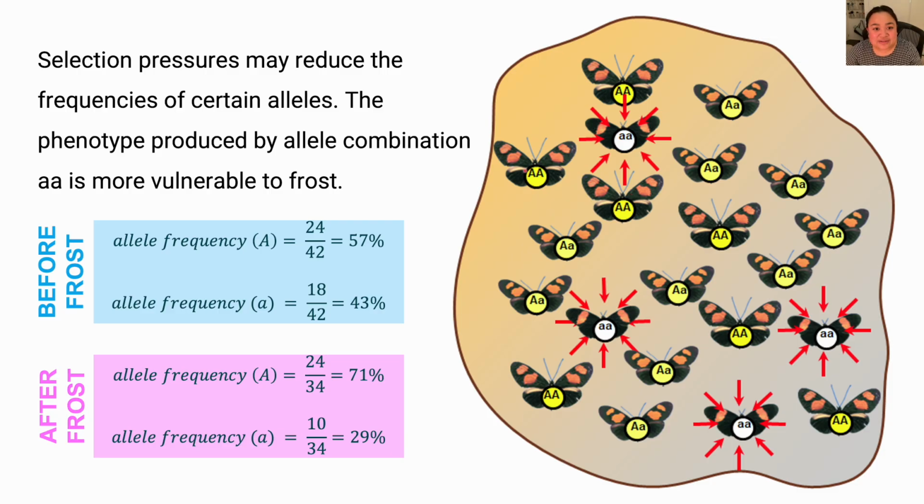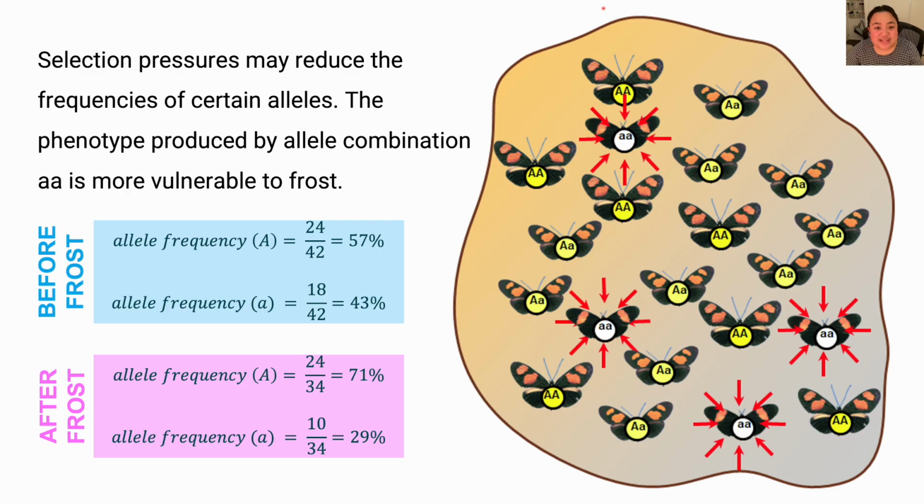The big A allele gives the moth the ability to tolerate frost, allowing the moth to survive once the frost arrives. The little a allele makes the moth more vulnerable to the frost, and as a result, none of the homozygote recessives survive the frost.